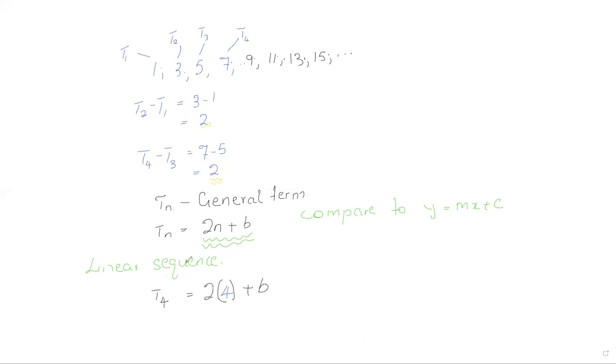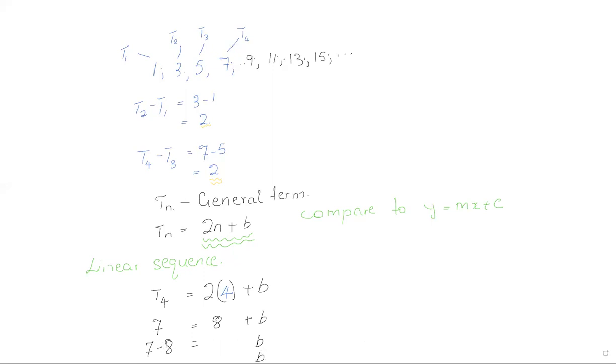But the fourth term is 7, so 7 is equal to 2 times 4 is 8 plus b. Transposing the 8, that will be 7 minus 8. 8 was positive on the left, going to the right, change the sign.